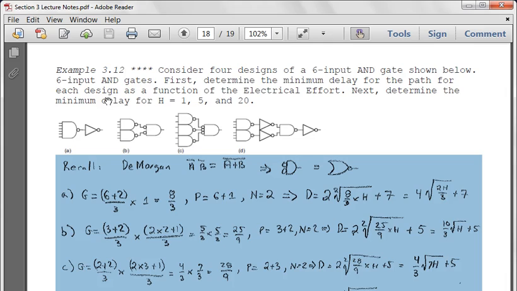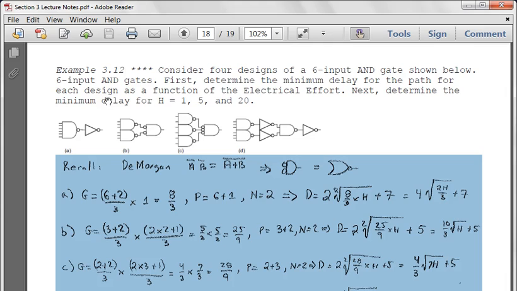We had some sort of theoretical H. The previous problem we had a 3-input NAND gate driving n 3-input NAND gates. That's H. The way I'm setting up this problem is I'm initially leaving this value of H as a function. For each design, I'm designing down to this function, and then we're going to plug in the values of 1, 5, and 20.